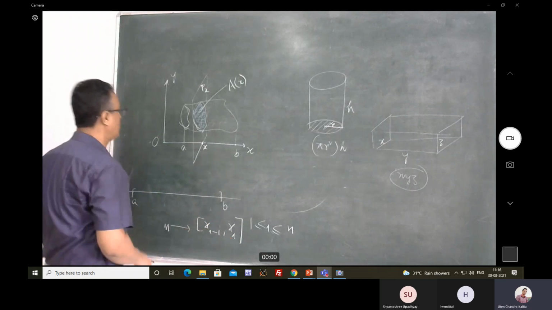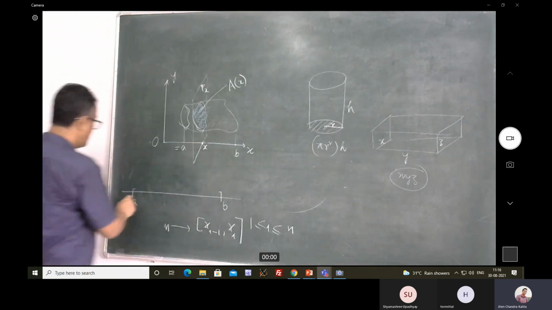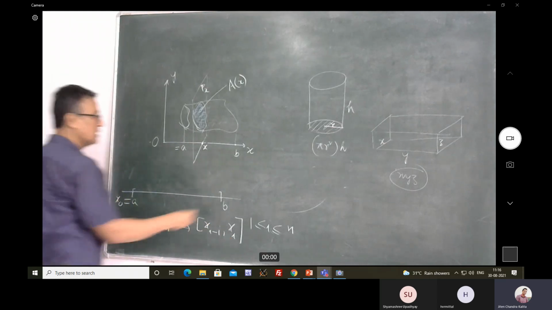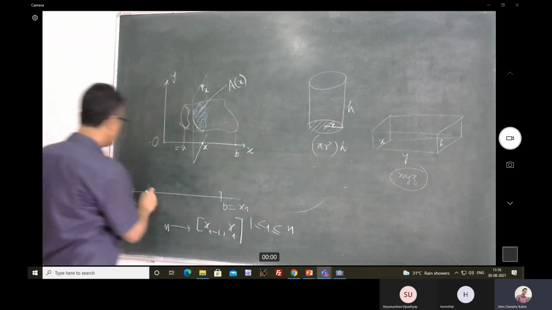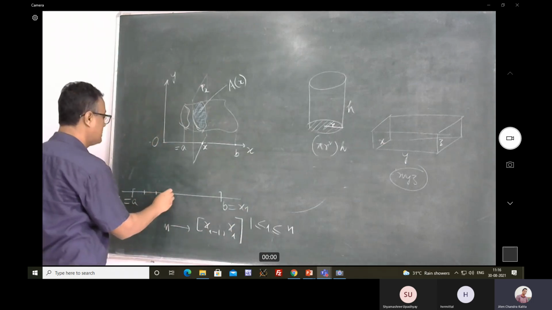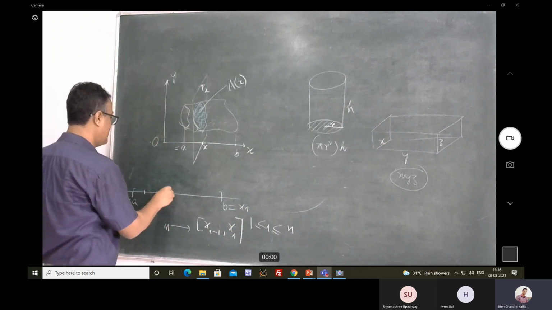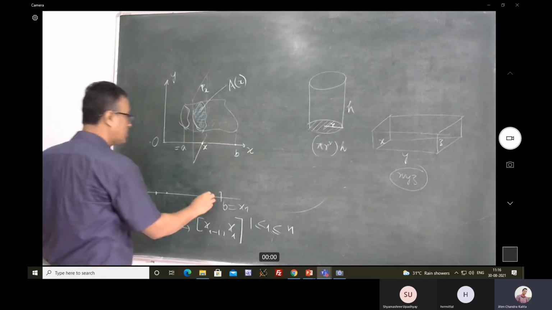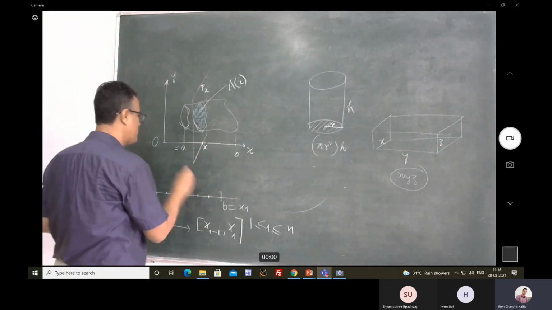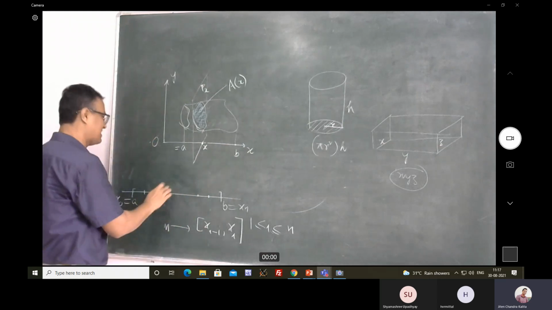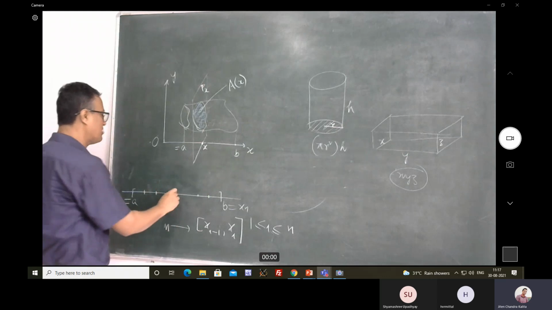So I'm going to get all the sub-intervals. Basically A equals x naught and B equals x n. I'm going to divide it into equal intervals, say delta x. And remember, those intervals don't necessarily have to be equal in length, but for the sake of simplicity, we can assume that.